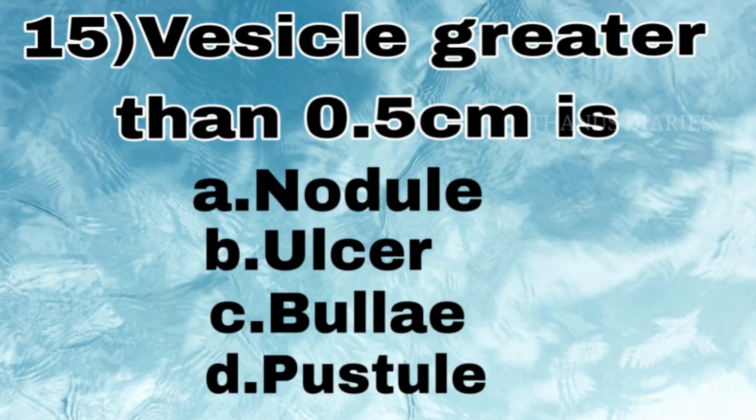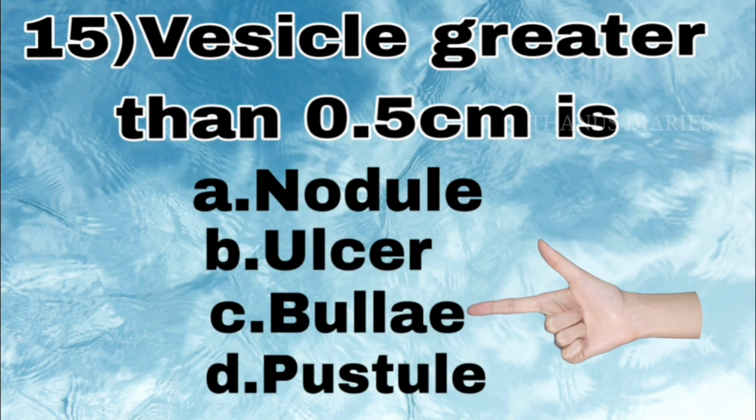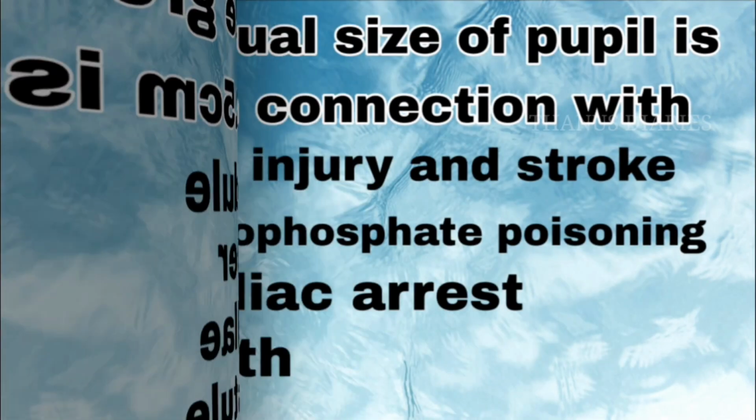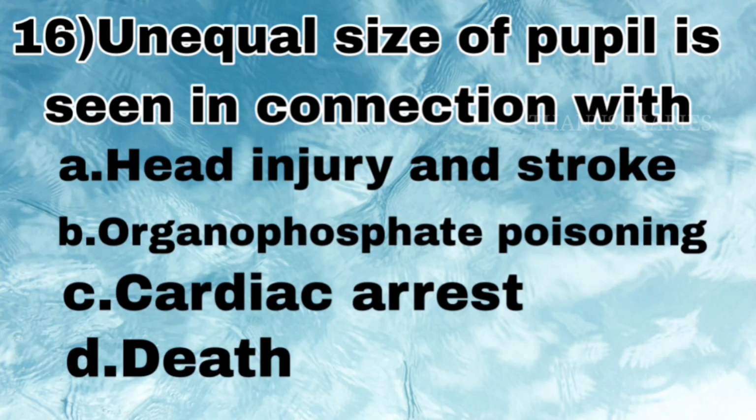Vesicle greater than 0.5 cm is nodule, ulcer, bulla, pustule. The answer is bulla. Next question. Unequal size of pupil is seen in connection with head injury and stroke, organophosphate poisoning, cardiac arrest and death.